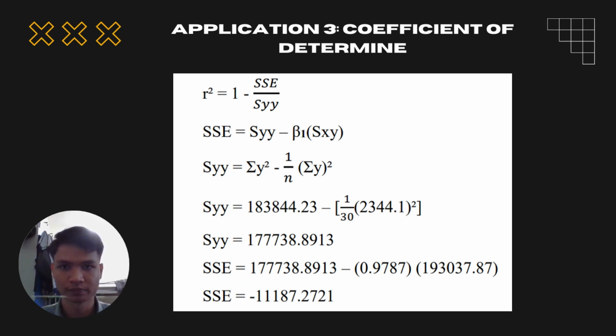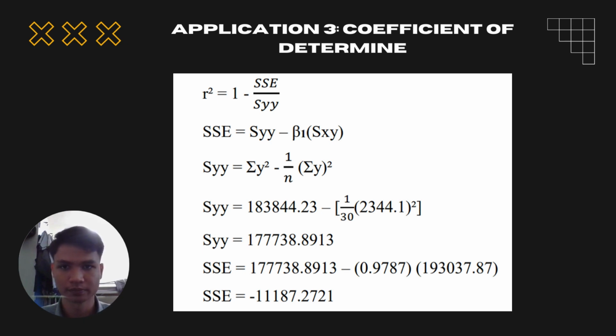I will continue about the calculation, which is application 3, the coefficient of determination. In this application, we have to find R squared. The formula is 1 minus SSE over SYY. The formula for SSE is SYY minus beta times SXY. The formula for SYY is the sum of y squared minus 1 over n times the sum of y, squared.